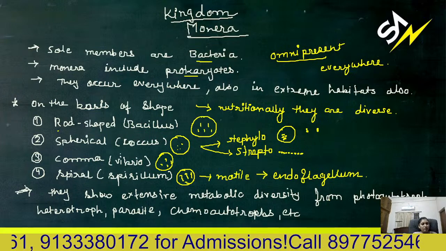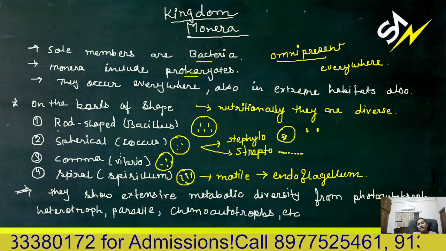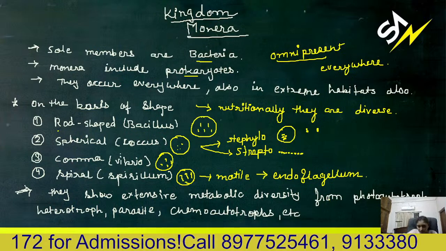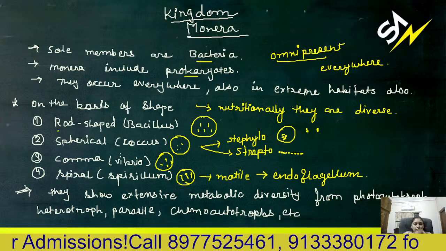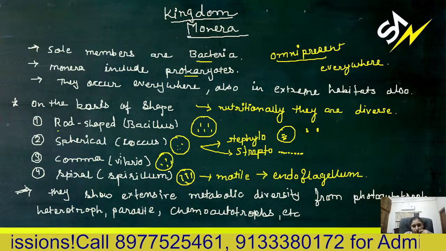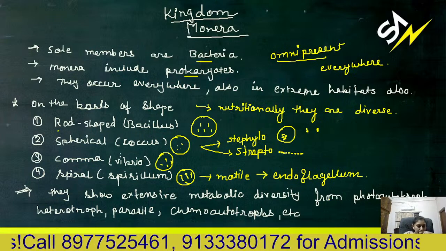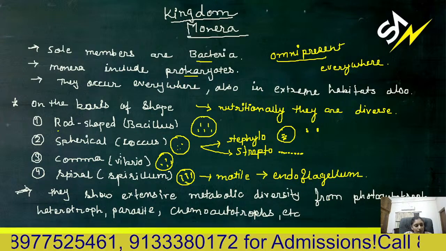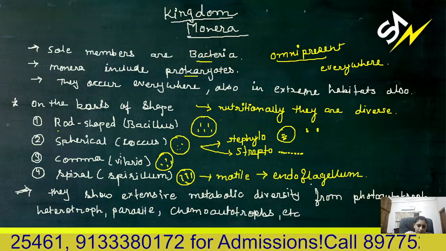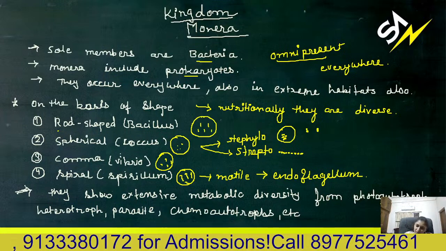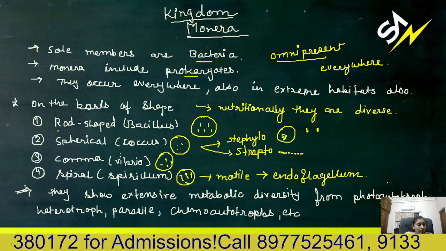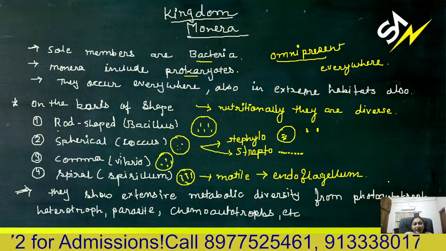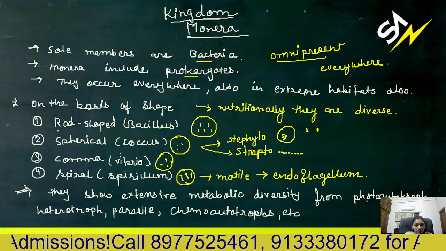Come on, those who have joined, answer in your chat section. Auto means on their own. They are not dependent on any other organism. What is the meaning of photo?